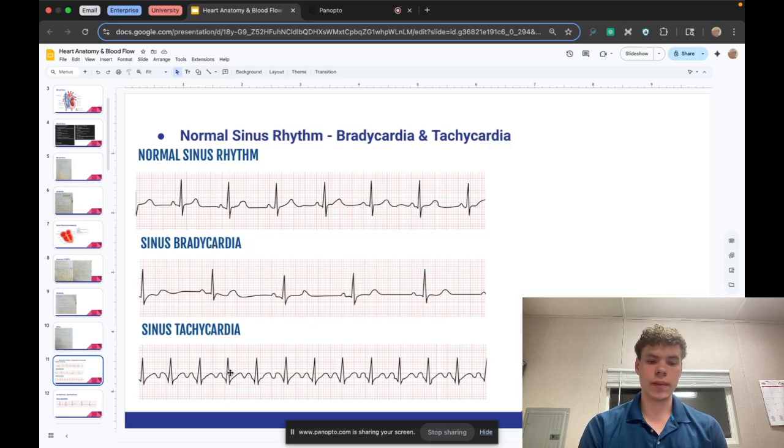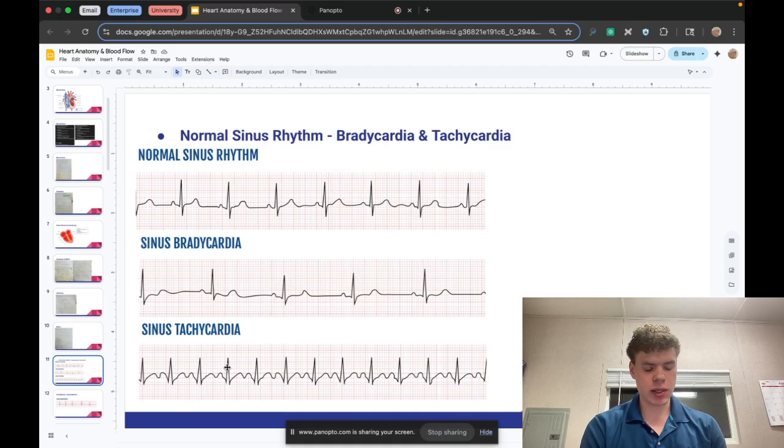And for right here, you can see, all right, P wave, QRS, T wave, P wave, QRS, T wave, R to R is equal. It looks like you have maybe two and a half boxes separating each one.